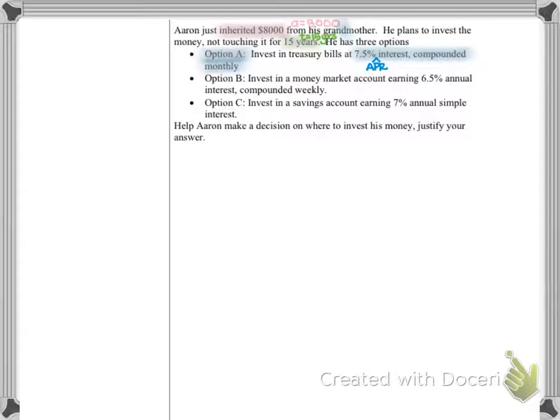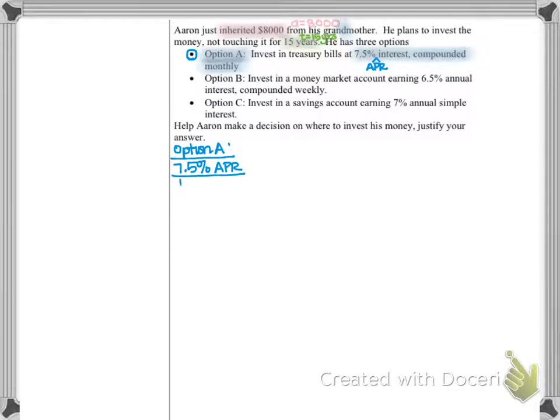All right, so let's go ahead and just do this problem in blue. So we'll color code this guy here. All right, so I know that 7.5% annual compounded monthly. All right, let's fix the percent. So let's do option A here. He's got 7.5%. That's annual. And then we want to turn it into monthly.